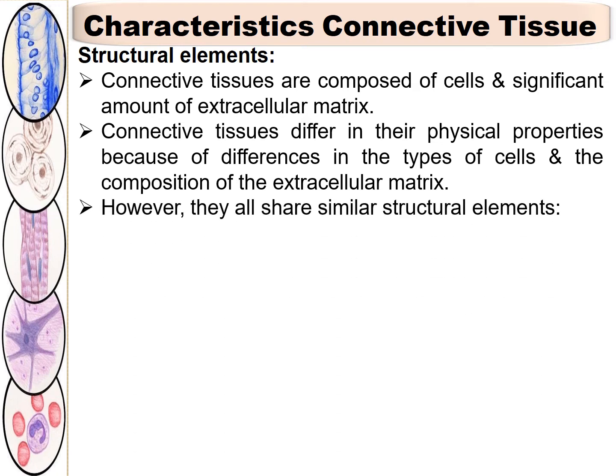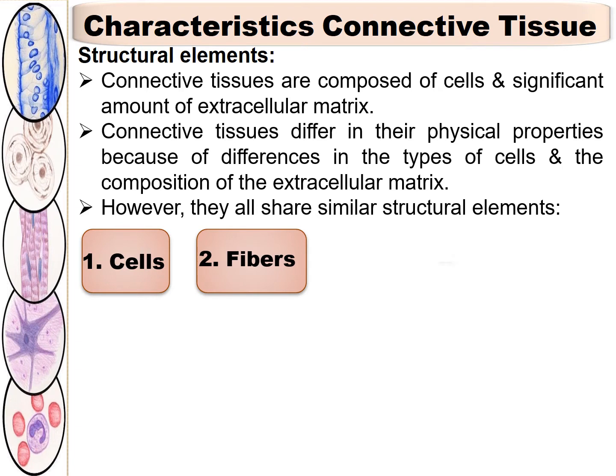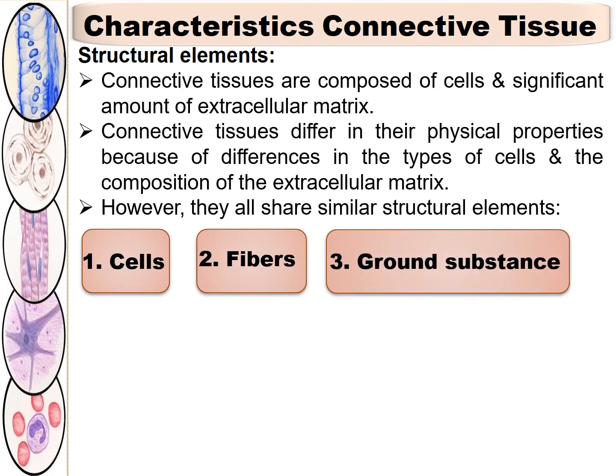However, they all share similar structural elements. There are three main structural elements of connective tissues: the cells, fibers, and ground substance. So let us discuss these three structural elements one by one.